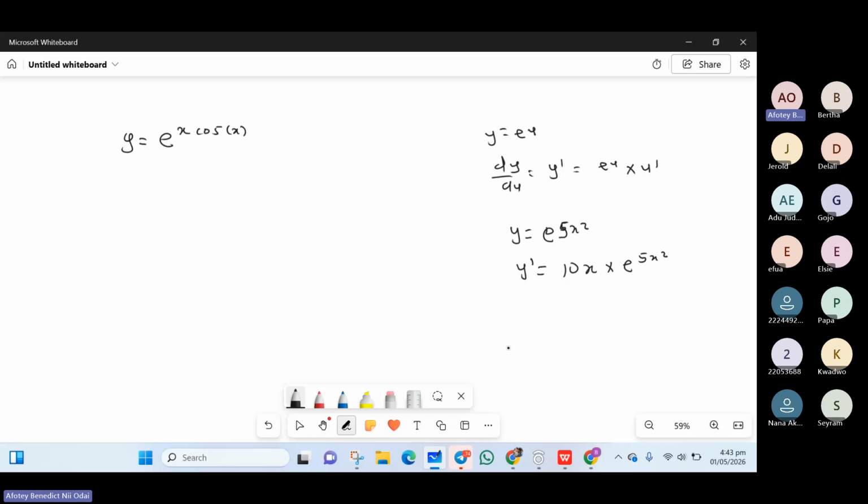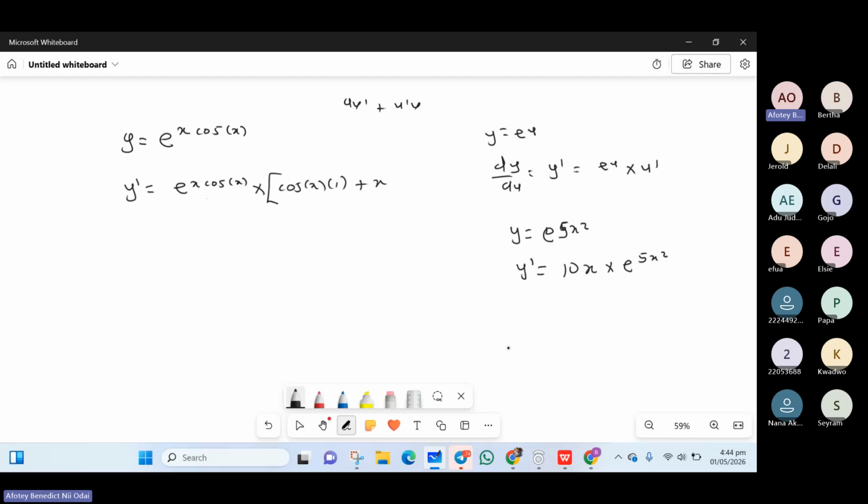Right. So basically in this question, our answer y prime is equal to our original expression, e to the x cos x, times the differential of our top. Now at the top we have a product rule, right? The differential of x is 1 times cos x, this times 1 plus we have our original one, which is the x, because it's basically u v prime plus u prime v.